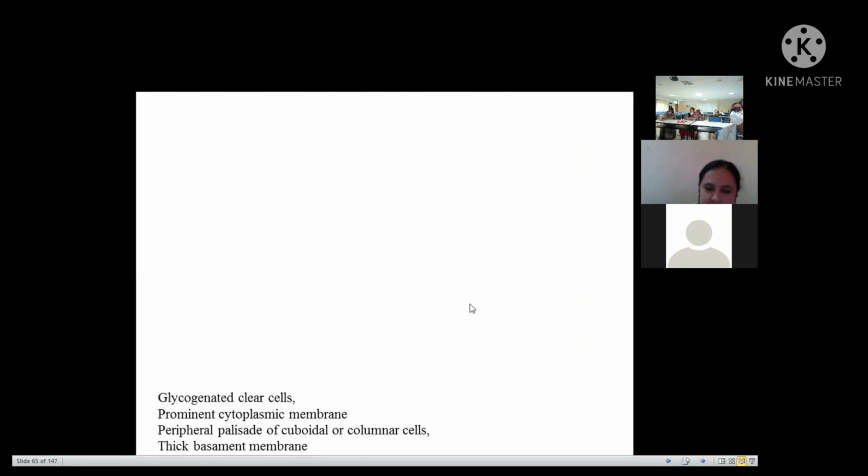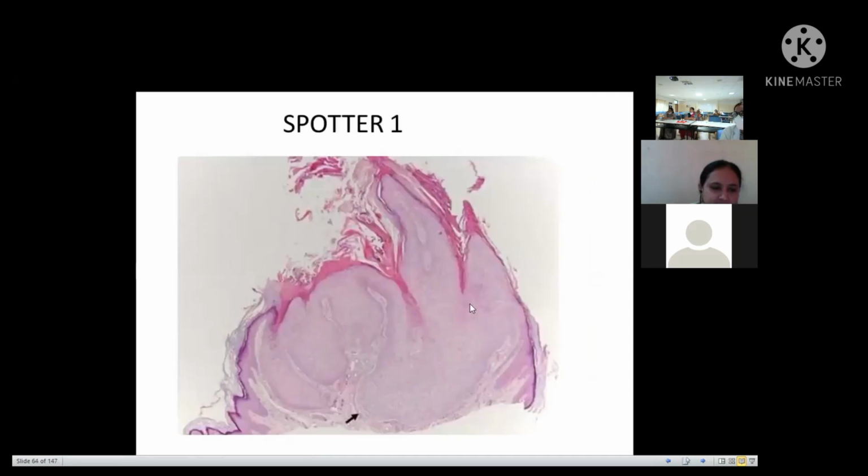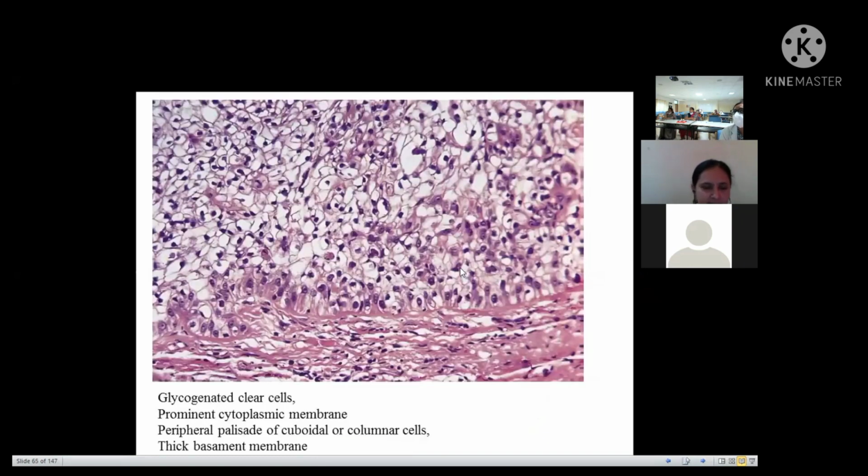So this is a squamoproliferative lesion, and it is in continuity with the epidermis, and the borders are very bulbous and circumscribed, and there are a lot of overlying epidermal changes here. In low power, it mimics verruca vulgaris, but in the high power, what we see are these clear cells which resemble a structure.